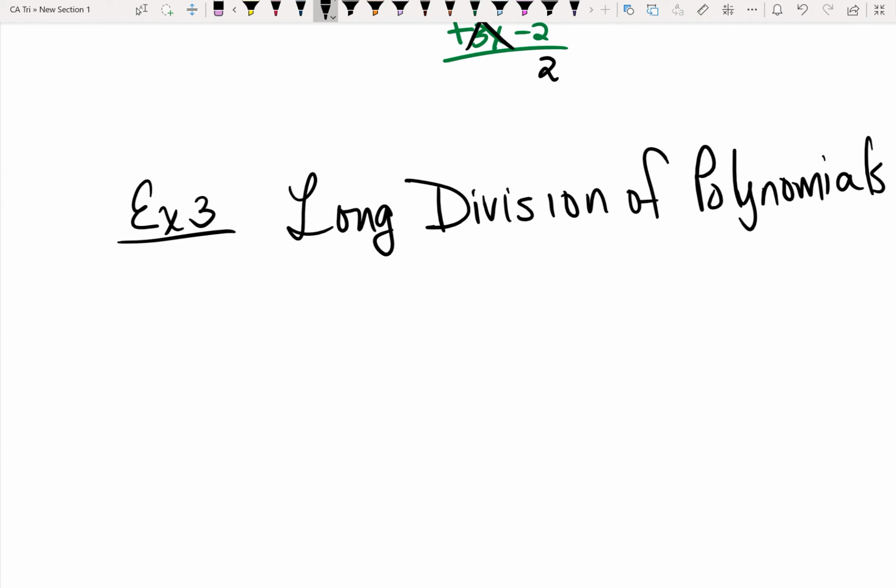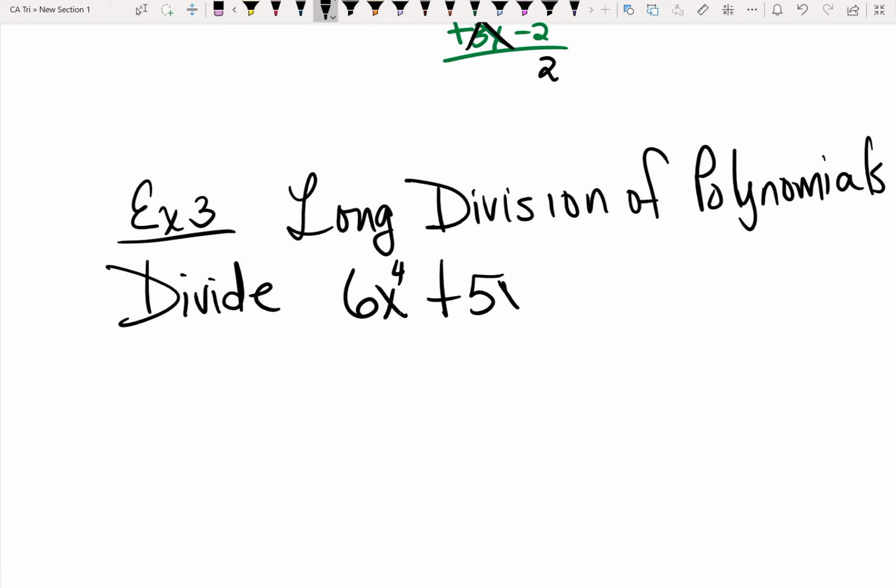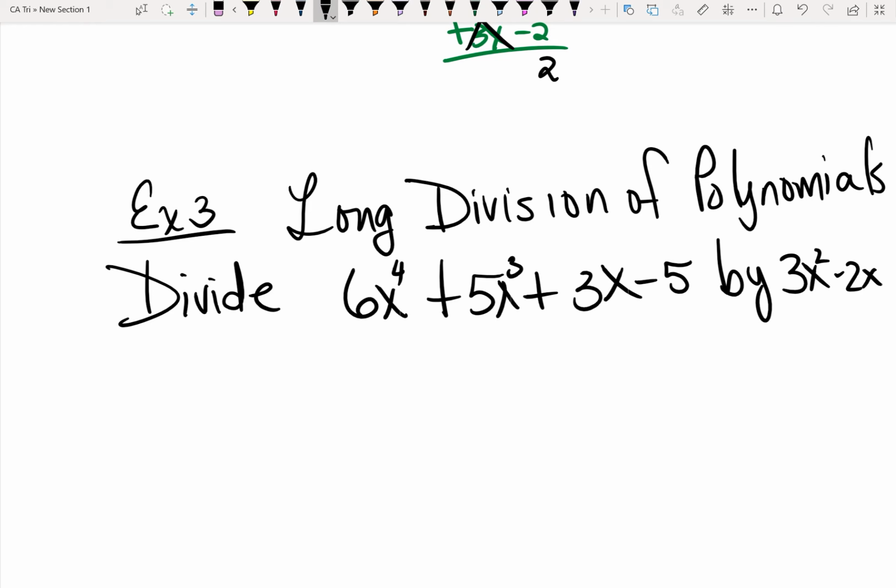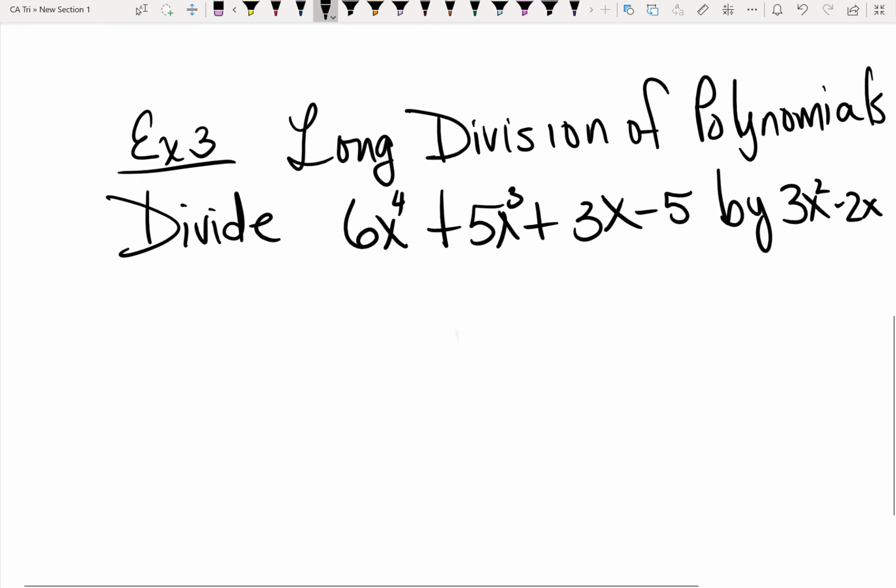And so in this case, they're asking you to divide 6x to the 4th power plus 5x to the 3rd power plus 3x minus 5, and we're dividing that by 3x squared minus 2x. So there's a couple of glitches on this one that you need to correct.